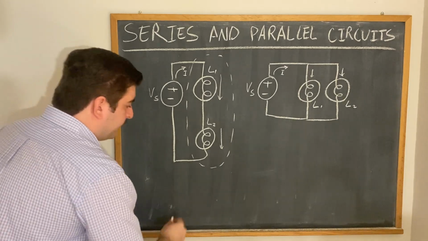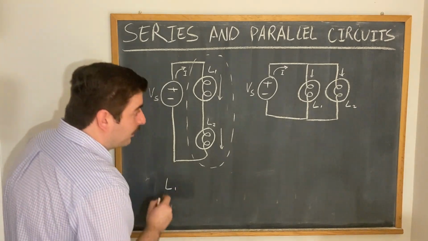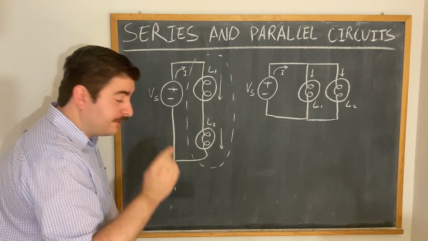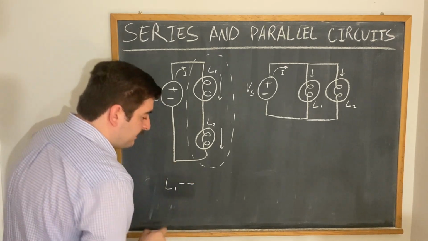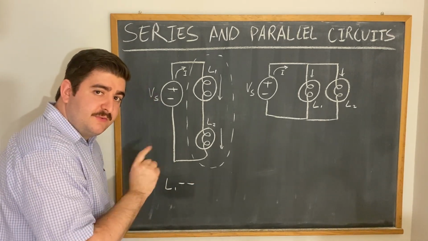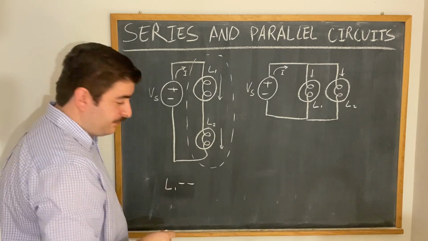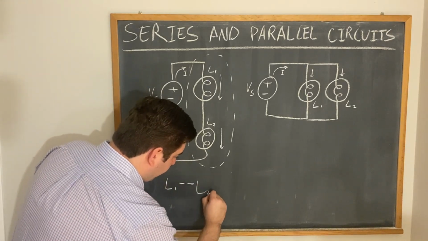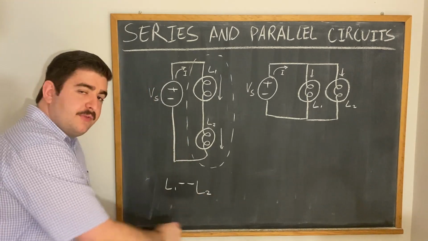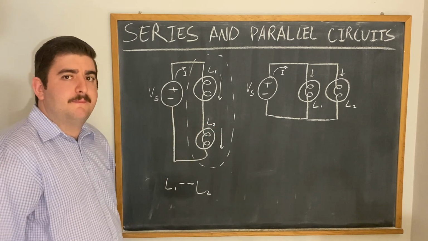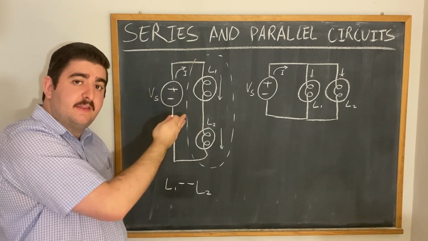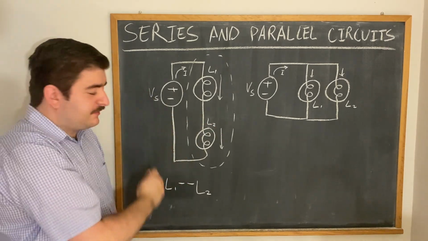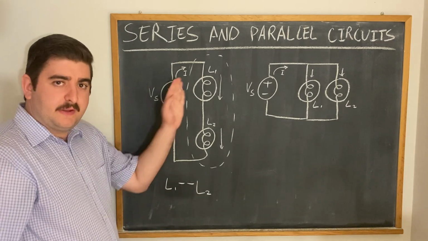Well, we could say light 1 is in series, this symbol means in series, two dashes, to light 2. So if you wrote this and you gave it to someone, they should be able to understand that this is a circuit you're referring to. This doesn't have the information about the source, but at least the two lights.